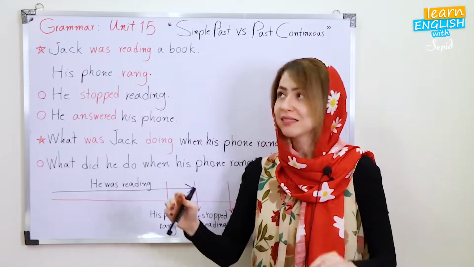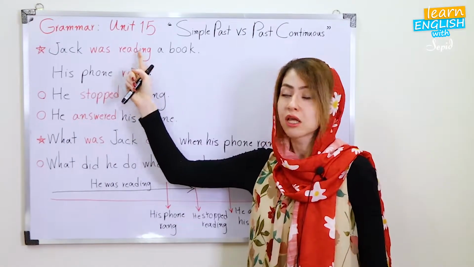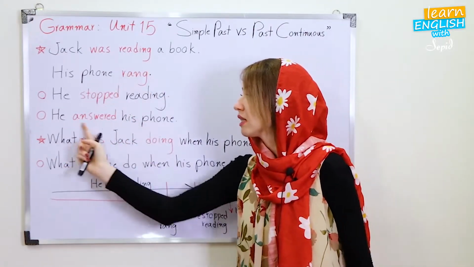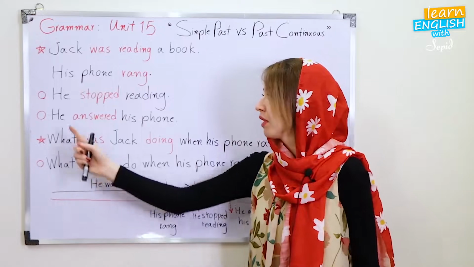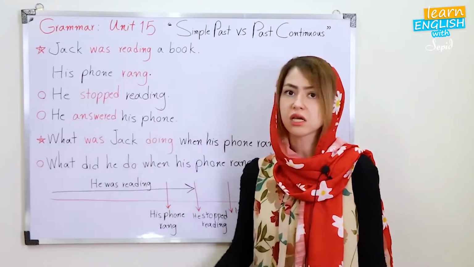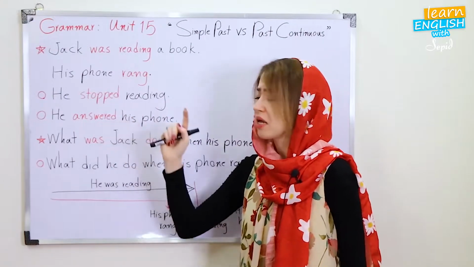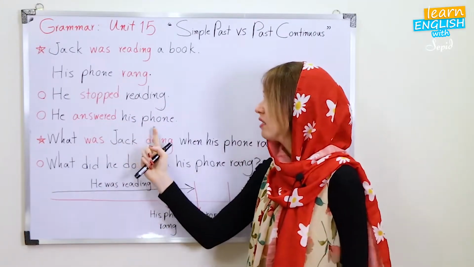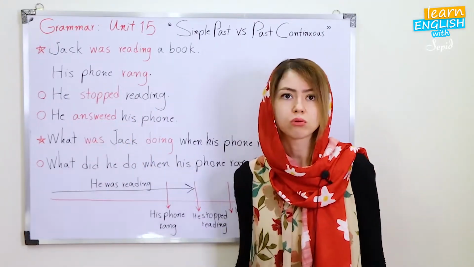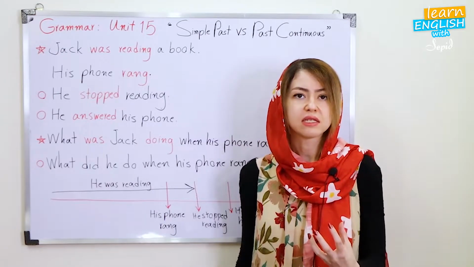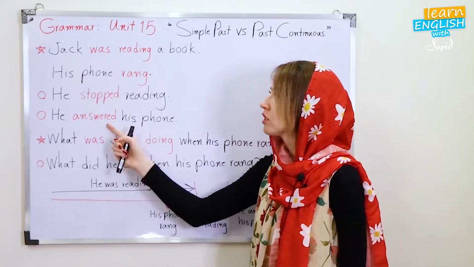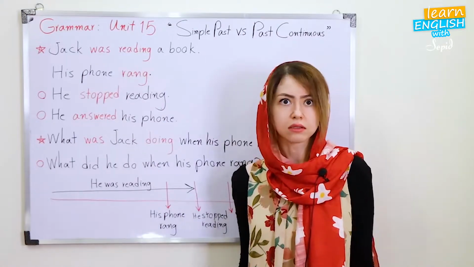He stopped that action. Let's go to the last sentence. He answered his phone. After stopping reading, he answered his phone. What happened here? Why are we just talking about these sentences?